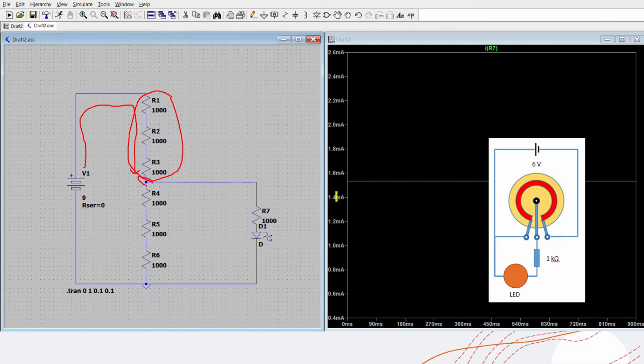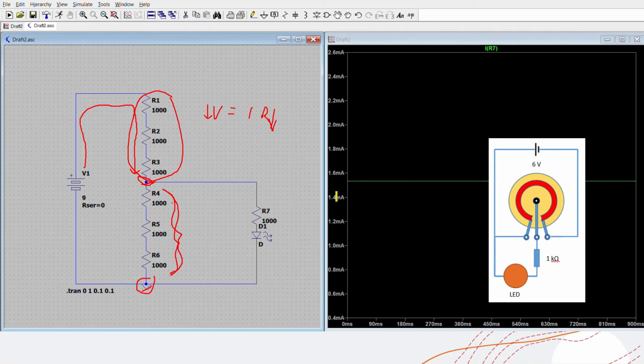Across these 2 points, we have also 3,000 ohms of resistance. According to Ohm's law, if we have decreased the resistance, we have decreased the voltage. So there is a drop in voltage across these 2 points because we have chosen a lower resistance.